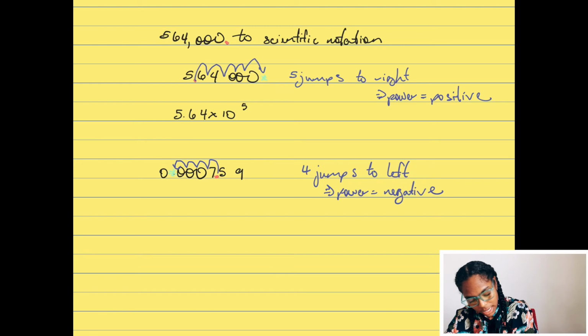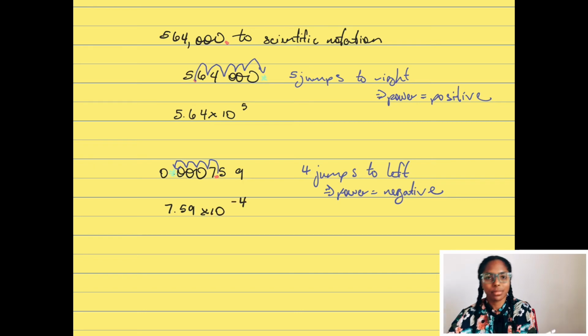So our answer now will be written as 7.59 multiplied by 10 to the negative 4. And voila, that's our answer. So it's literally the same procedure that we'll use over and over anytime we want to express something in scientific notation or standard form.